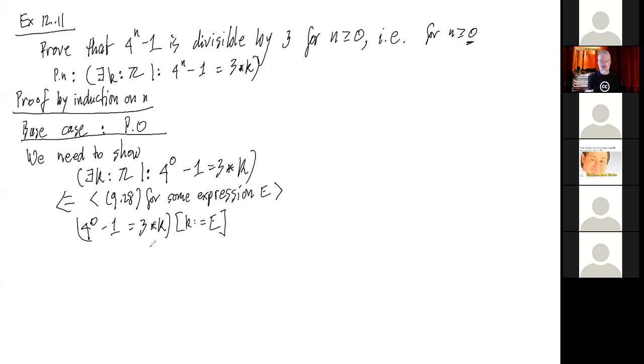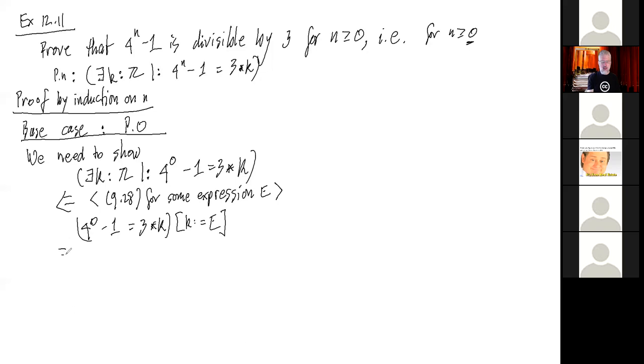So that's what 9.28 says: if you know something's true for some particular value of this variable, then we know there exists a value that makes it true. If something's true when K is 7, then we know there exists a K that makes that thing true. If I know someone has a nickel where someone is Cole, then I know there exists a person that has a nickel. And so I can say this follows from that. That's just a direct use of 9.28.